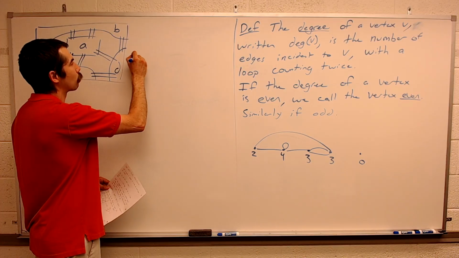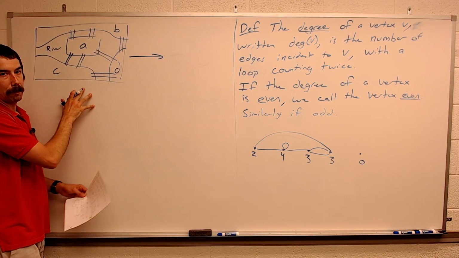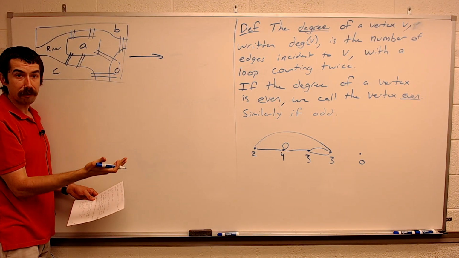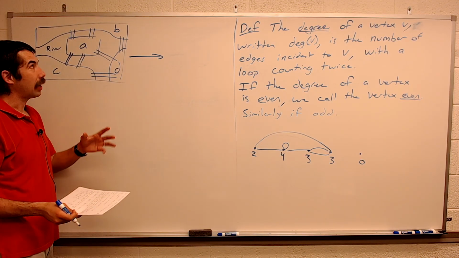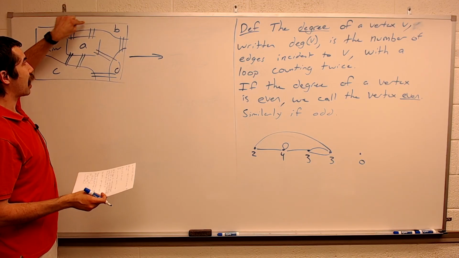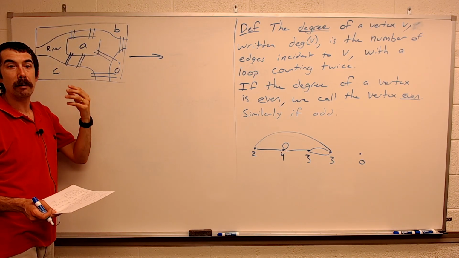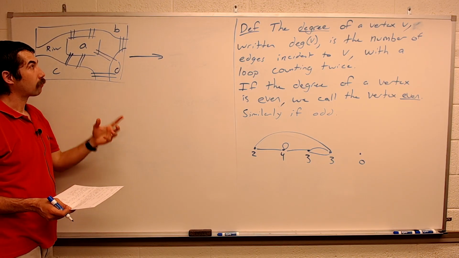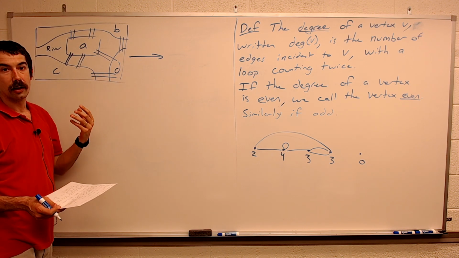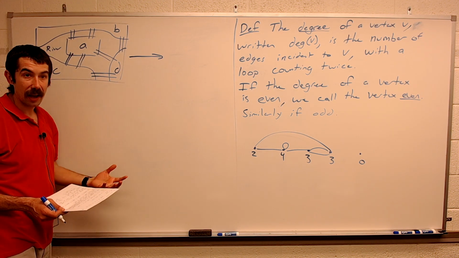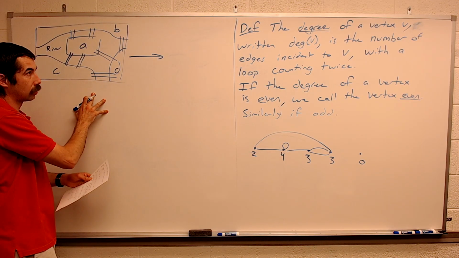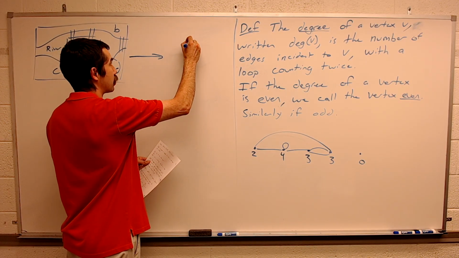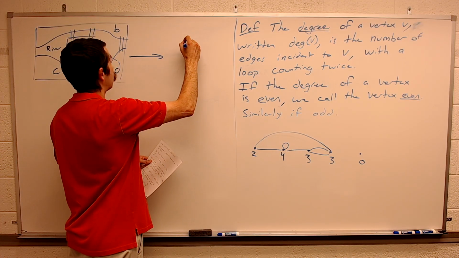But what we're going to do is we're going to identify this map of Konigsberg with a graph. Okay, and so how are we going to do that? One way to do that is we could have these land masses be represented by vertices, and the bridges will be represented by edges. All right, so this map of Konigsberg can be represented with the graph.